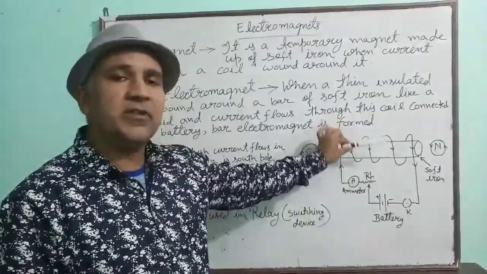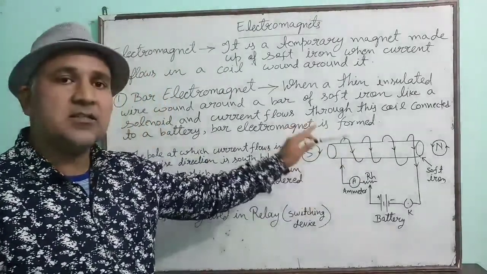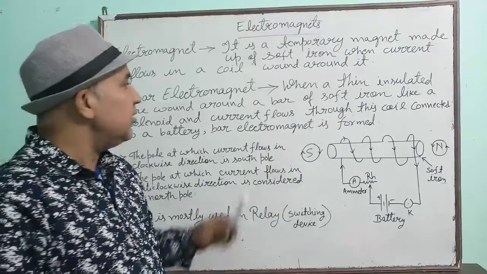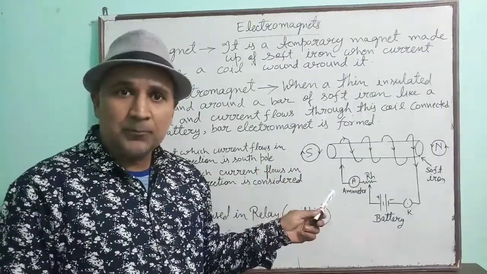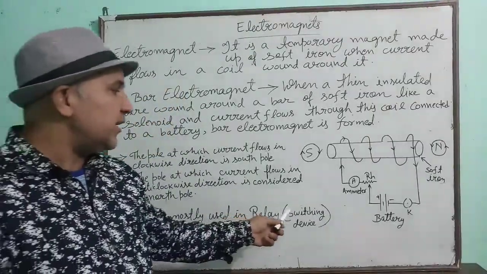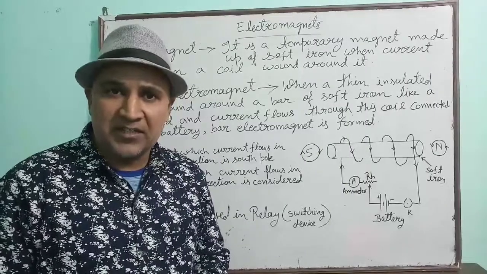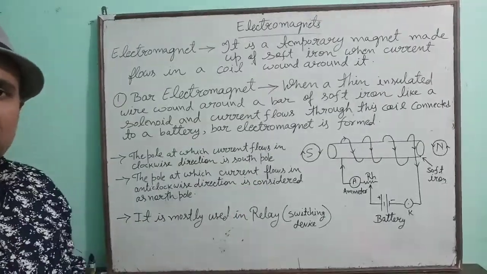That means it will lose its magnetic property if the current is stopped. That is why all electromagnets are temporary magnets. Understood? Now it is mostly used in relays, that means switching devices. Note this down so that we can start the horseshoe magnet also.